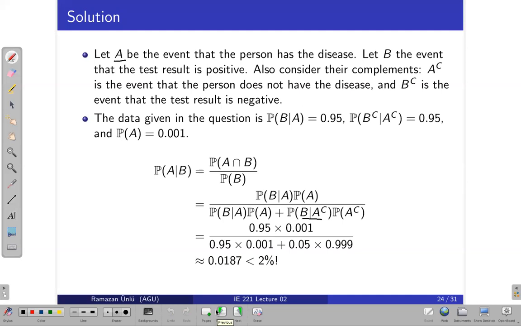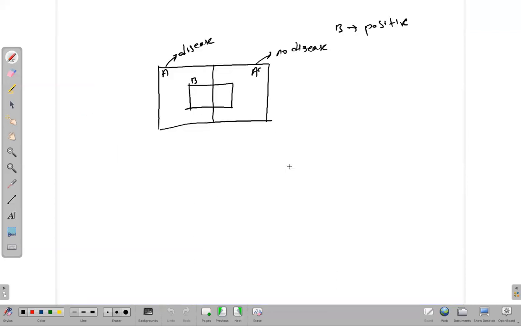What I'm given: the probability of B given A is 0.95, which means if the person has the disease, the result will be positive. Let's write it. P(B given A) is 0.95.